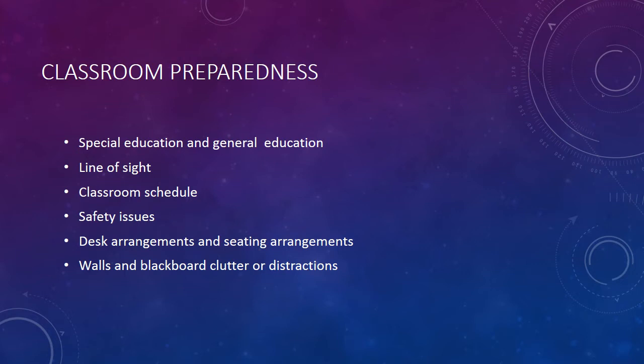So we'll go through them one at a time on how I do this. When I go into a class, I make sure that the teacher has line of sight to all children that there may be a concern about. Sometimes the teacher has the tendency to put the child in the back of the class so as not to let that child be a distraction to the other children.